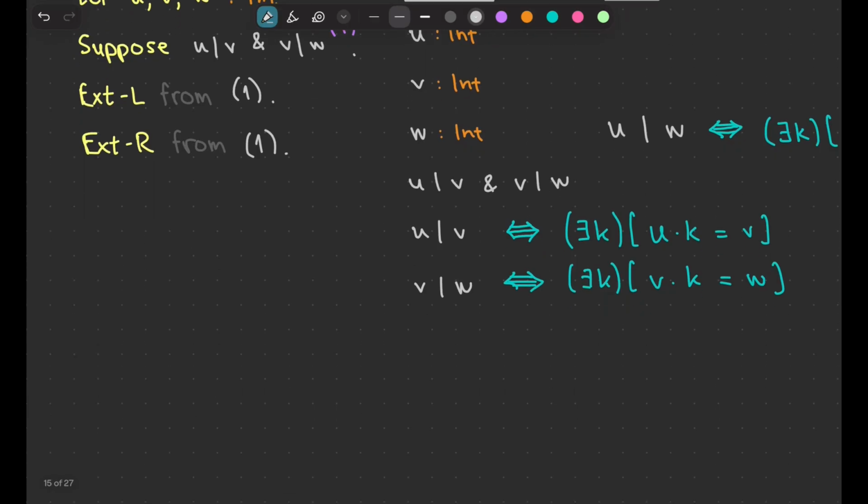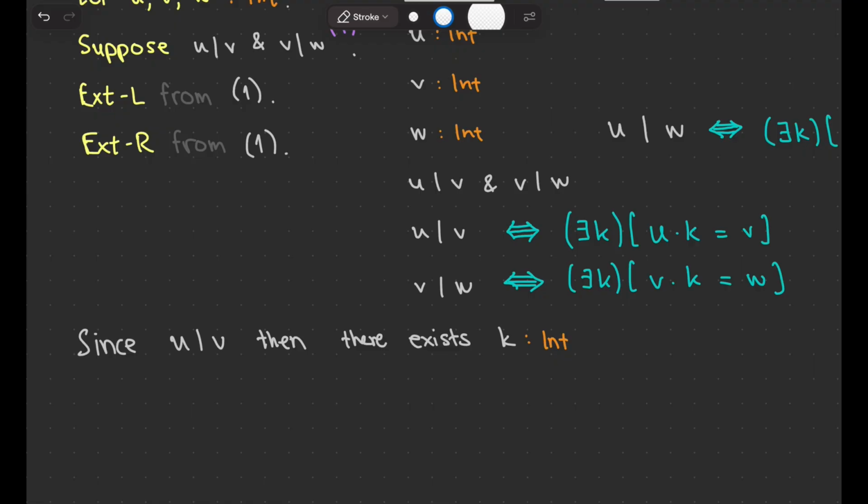So I would say, since u divides v, then, or therefore, I don't know, then there exists k, which is an integer, such that, okay, what does that mean? u times k equals v.